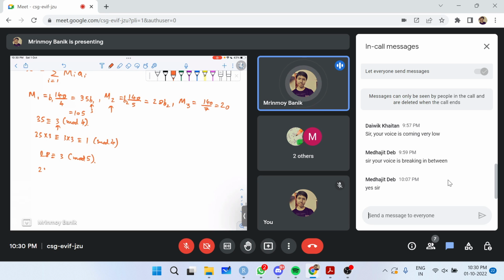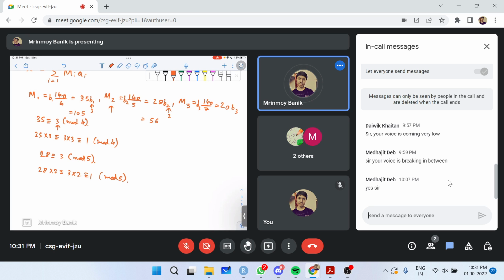And you can see if we multiply it with 2, we get 3 times 2 is 6, which is 1. So this B2 here is 2. Multiplying 28 with 2, we get 56. So M2 is 56.